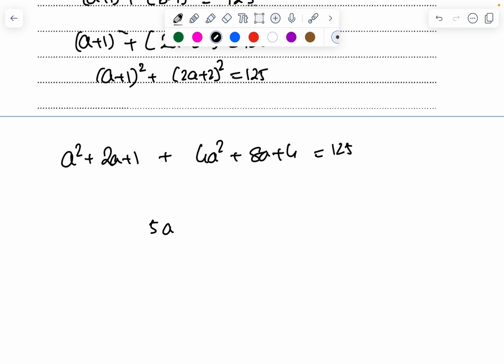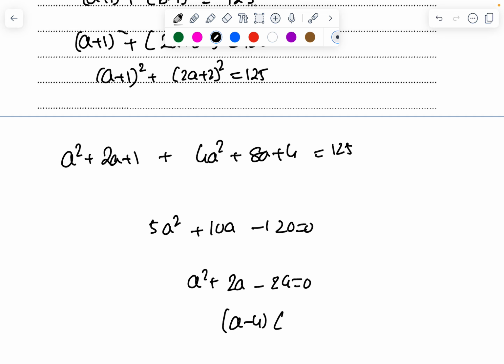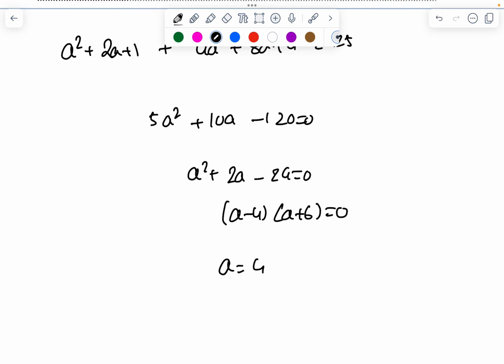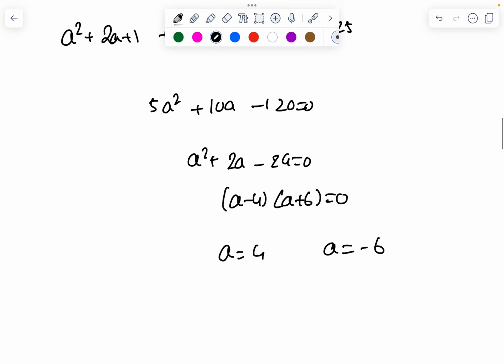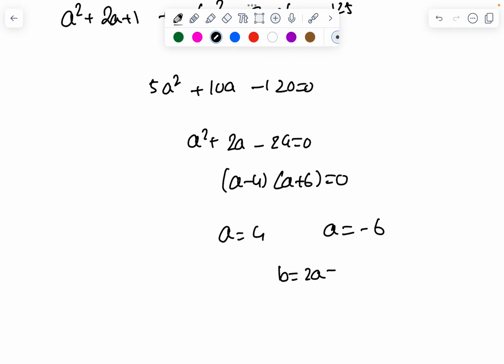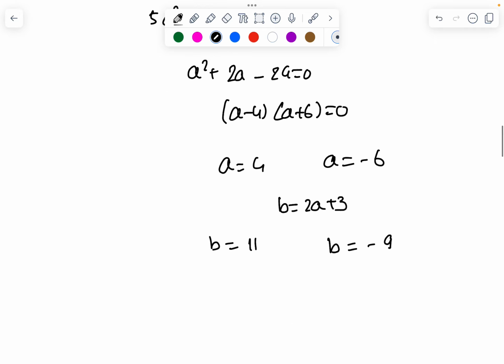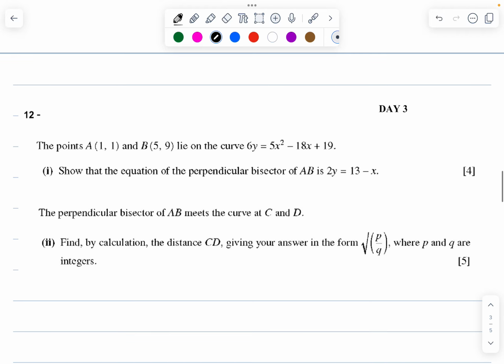So it becomes 5A squared plus 10A minus 120 equals 0, so A squared plus 2A minus 24 equals 0. A minus 4 times A plus 6 equals 0. So A equals 4, A equals negative 6. But B is 2A plus 3, so the B value will be 11 and the B value will be minus 9. That's going to be the answer.